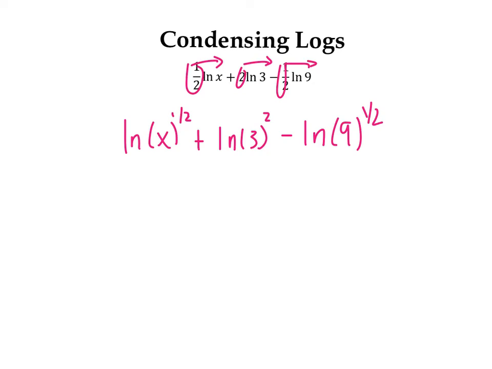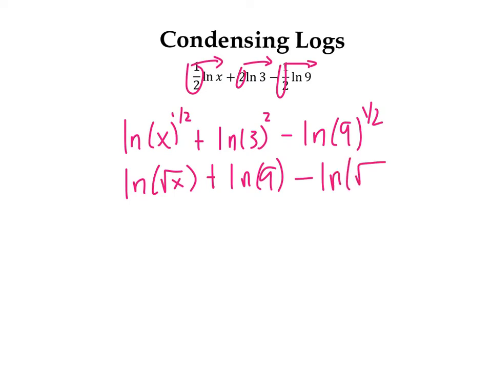So I can rewrite this as the natural log of the square root of x plus the natural log of 3 squared, which is 9. Minus the natural log of the square root of 9, which is 3. So I can rewrite this as the natural log of 3.